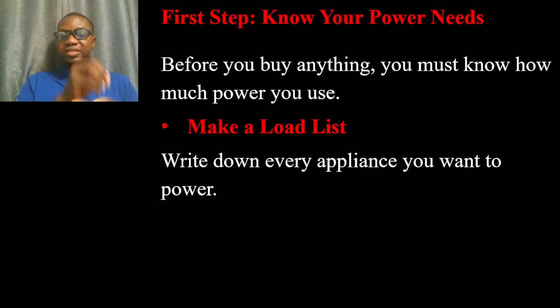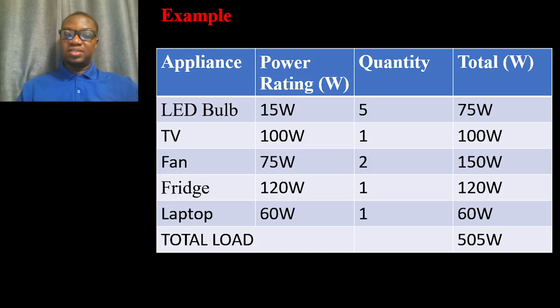So you just write down everything that you want to power, whether you are the homeowner or the solar installer. This is all you need to do. Just look at the example here. We have this example that we'll be using for this class. You see the appliances and their rating, their quantity, and the total power they consume.